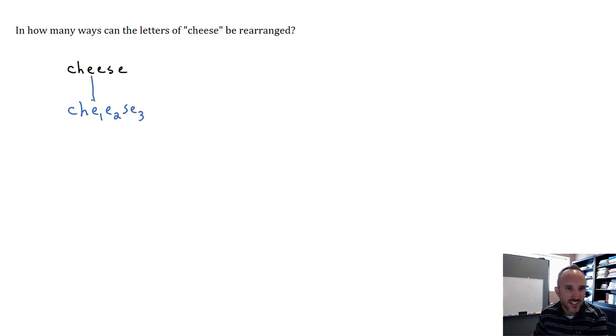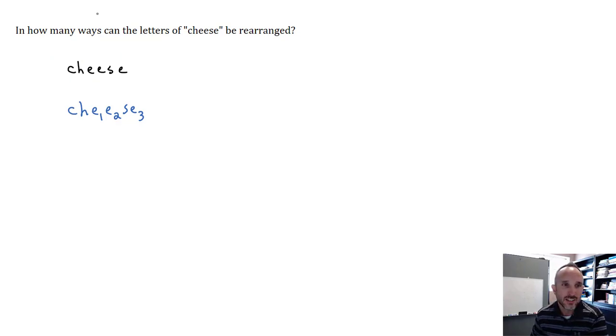So this E has a distinct name from this E and this E. That can be handy when we're tracking different ways to rearrange these letters, because CHEESE is one arrangement, just one arrangement.